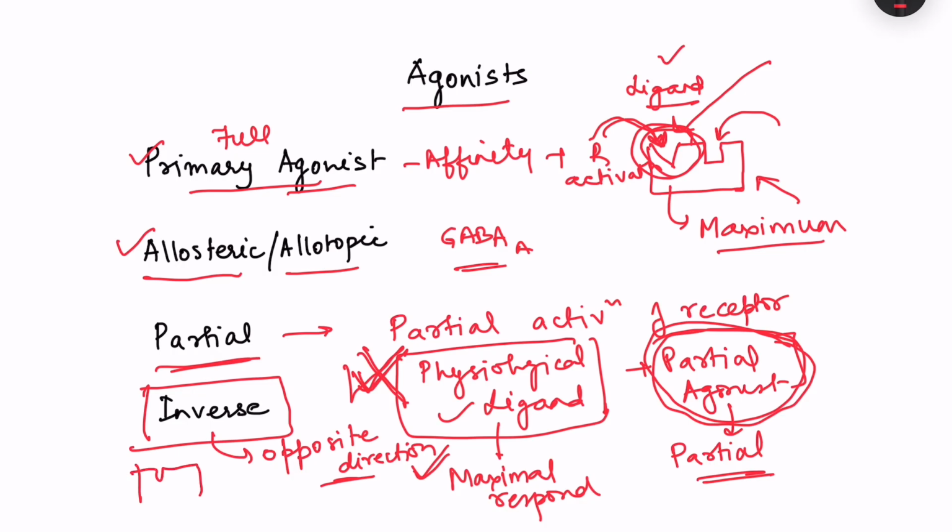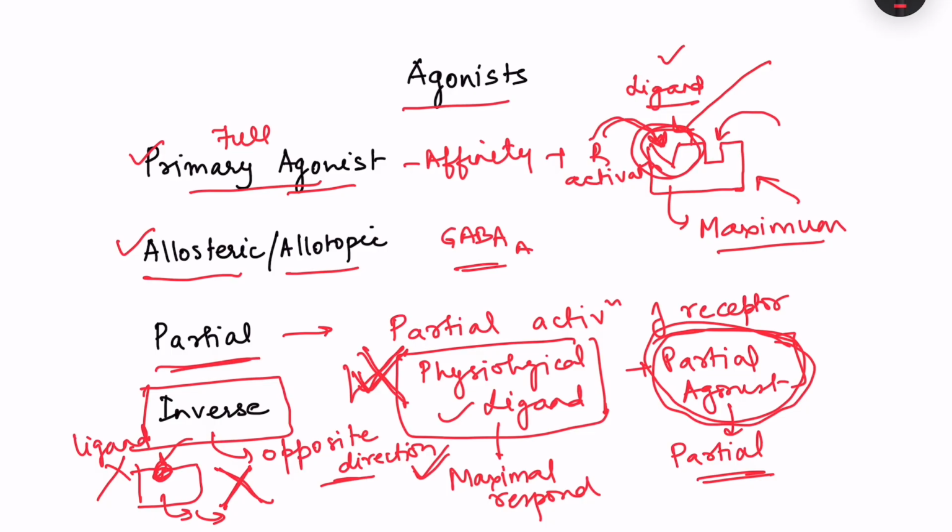Suppose this is the receptor. Even if the ligand doesn't bind to this receptor, still this receptor is active. That means there are certain downstream events taking place within the cell causing some physiological function. Now if you give an inverse agonist, it is going to bind on this receptor and make the receptor inactive.